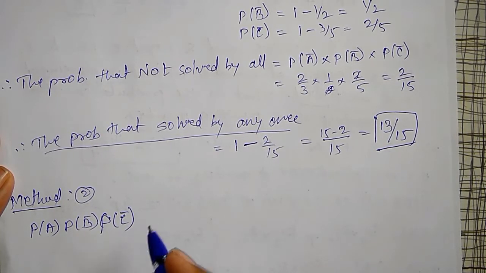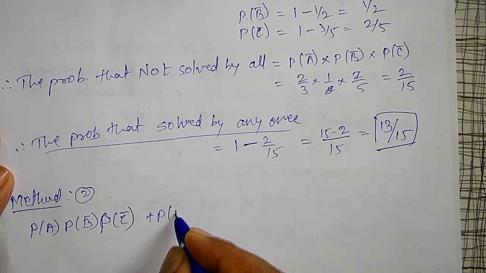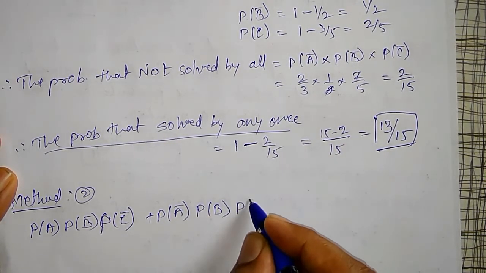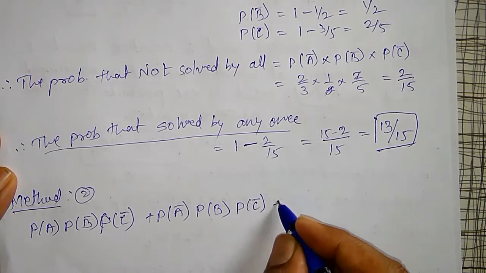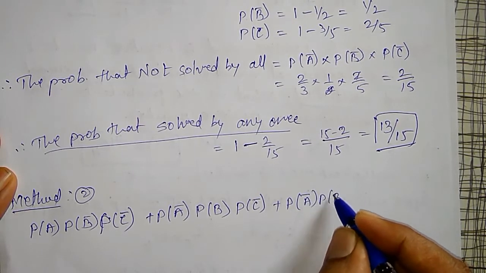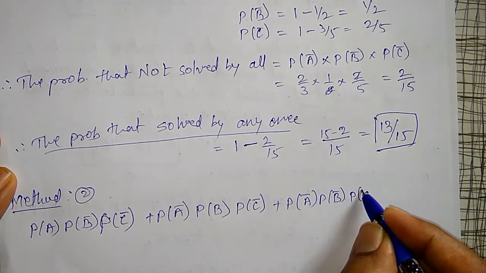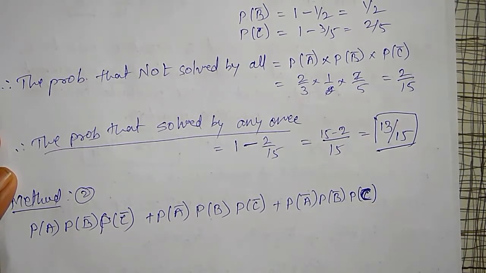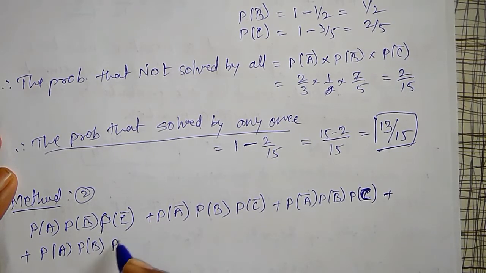Or in another case, probability of not solved by A, probability solved by B, and probability of not solved by C. Like that, probability of A bar, probability of B bar, probability of C bar, and solved by A, solved by B, and solved by C. Like that, 2 combinations are also possible, that is probability of solved by A, probability of solved by B, and probability of not solved by C.